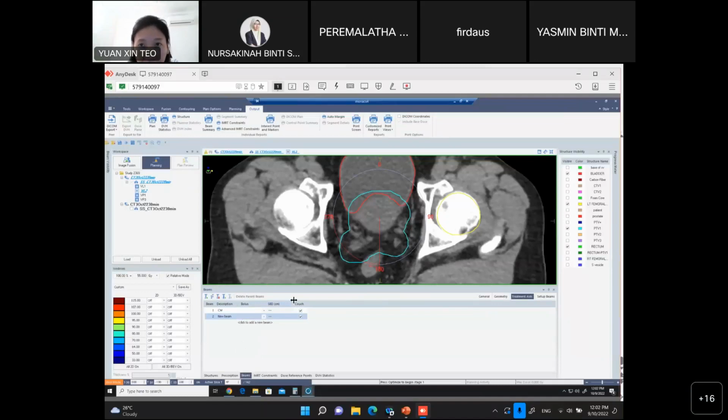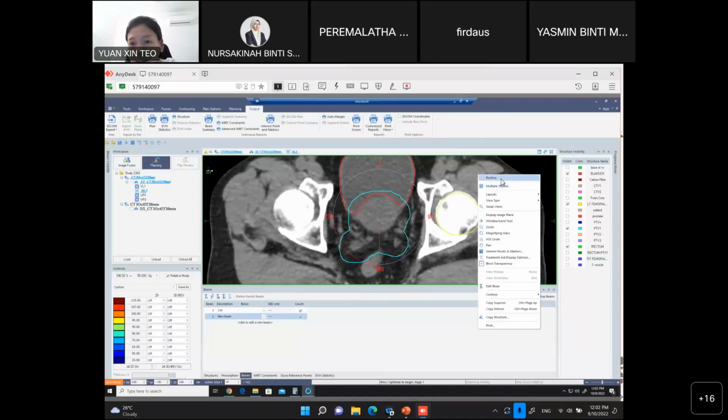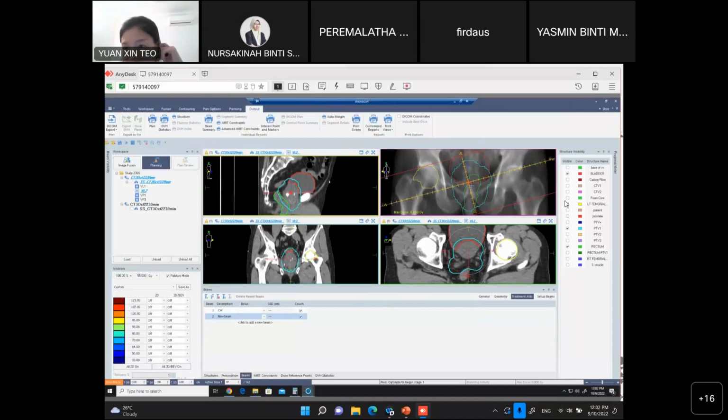If you click this couch function, it means we will put in the couch factor to compensate for the couch intensity.